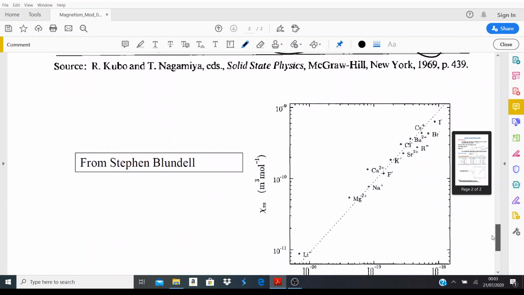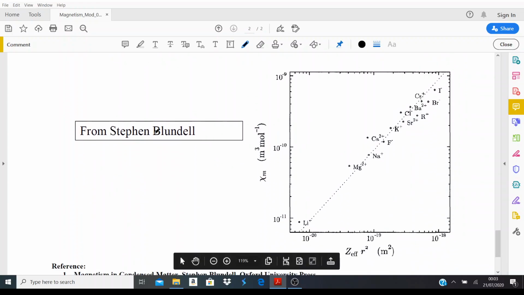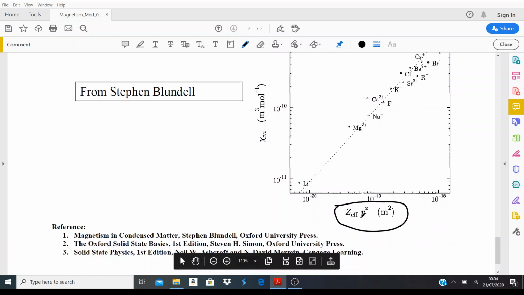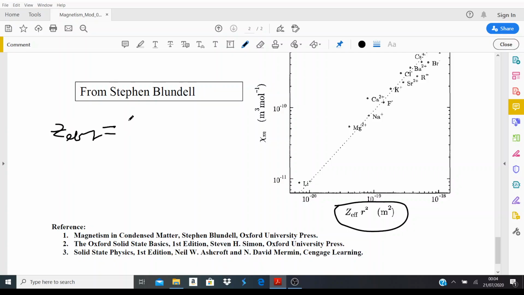And I want to finish by showing you this graph from Stephen Blundell's book, where you can plot the susceptibility. Here the data are presented in meter cubed per mole units, and they are plotting it against this Z_eff R squared. So let me comment on that unit. Z_eff is the number of electrons in the ion, and that's an effective number.